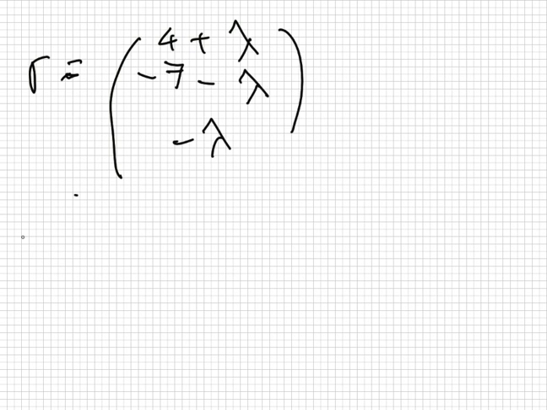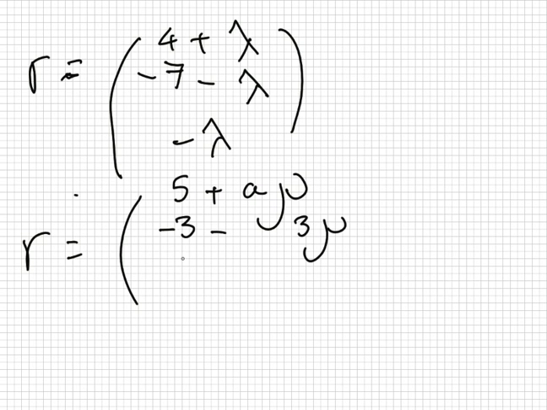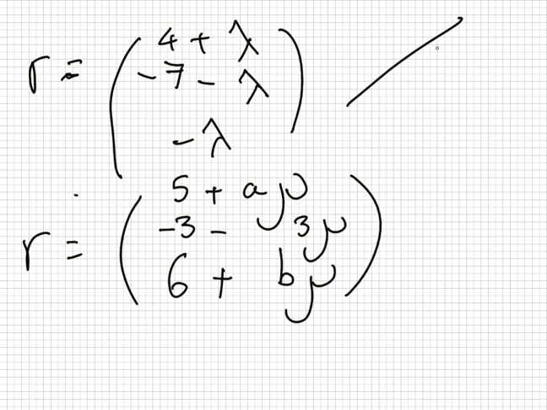And then you have a second line, r equals 5 plus a mu, minus 3 minus 3 mu, and 6 plus b mu. Question 1. If they are perpendicular, show that b minus a equals 3.